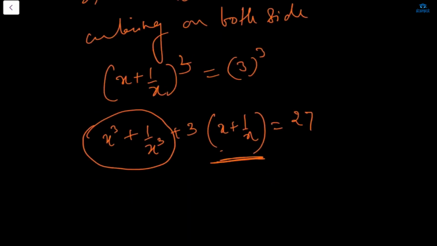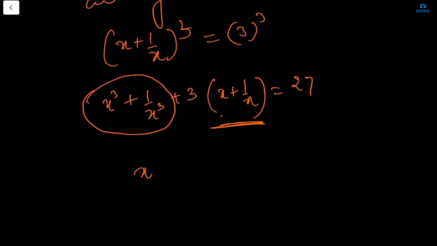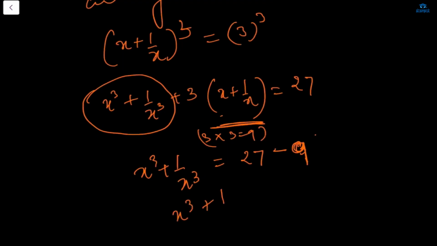So we can directly bring that to the other side, which will be equal to 27 minus 3 into 3, which is 9. So 27 minus 9, what will you get? You will get 18.